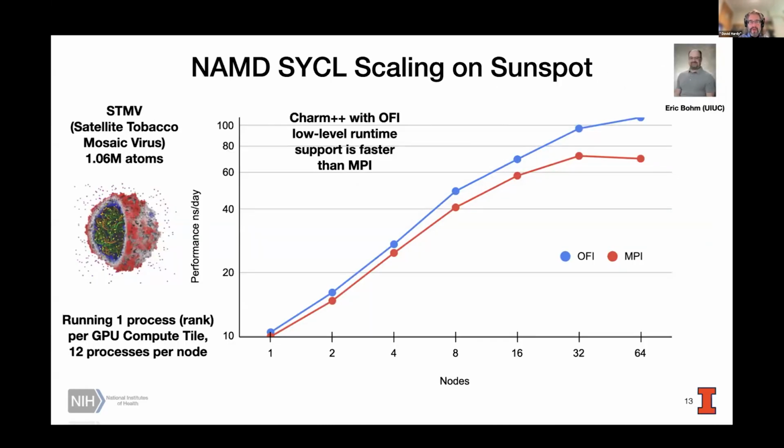And so here's a plot then of our performance scaling on Sunspot using a test system of 1 million atoms. The way we're running this successfully is to basically run one process or rank per GPU compute tile. So we've got 6 GPUs per node, but there's 2 compute tiles per GPU. So that's 12 processes per node, which is the optimal way to run NAMD on Aurora.